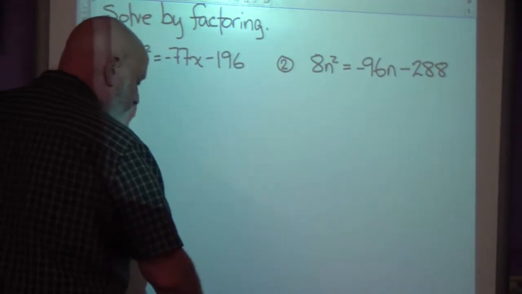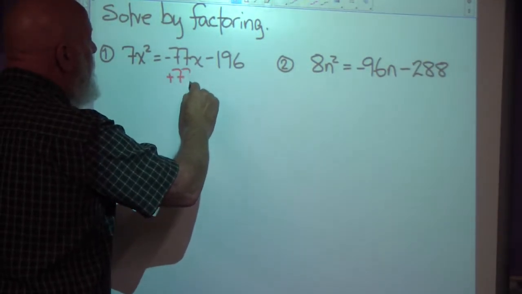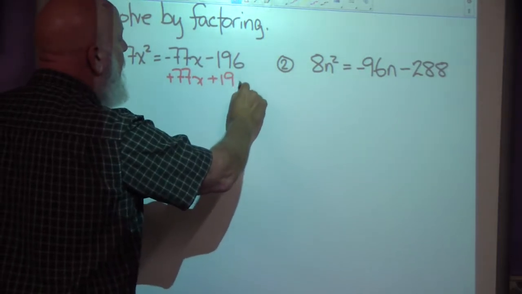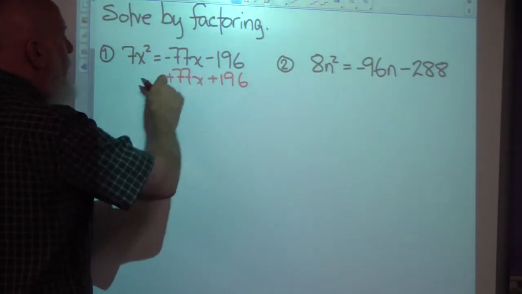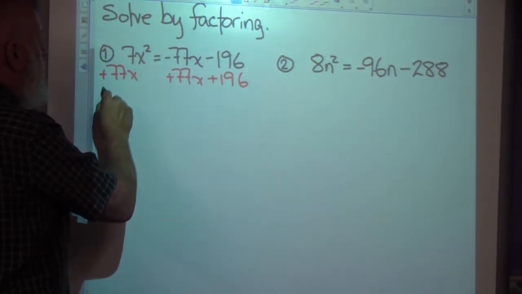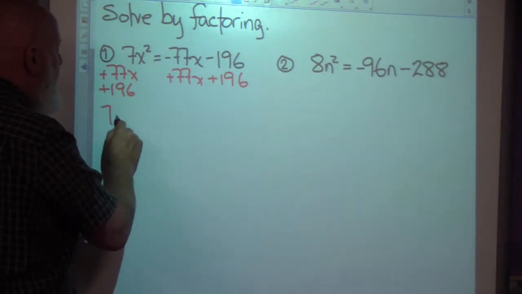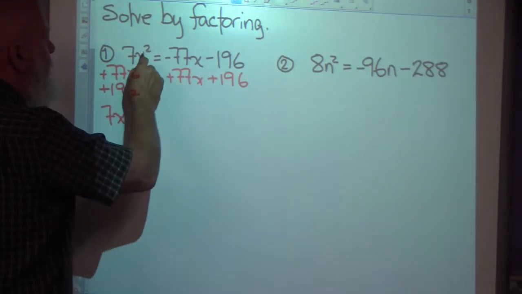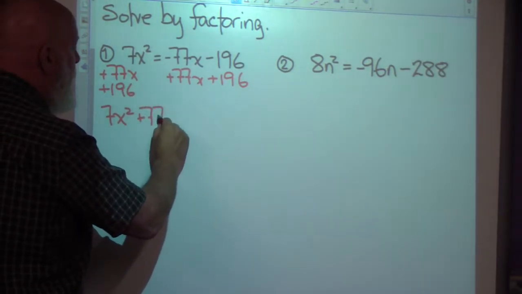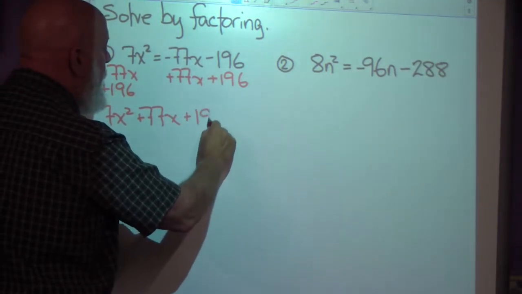We're going to try to solve this. I'm going to add 77x and add 196 to both sides. That turns this to 0. And on the left side leaves me with 7x squared plus 77x plus 196.